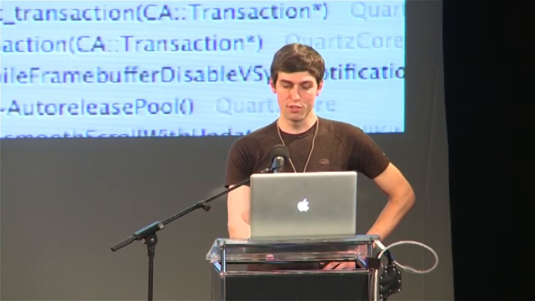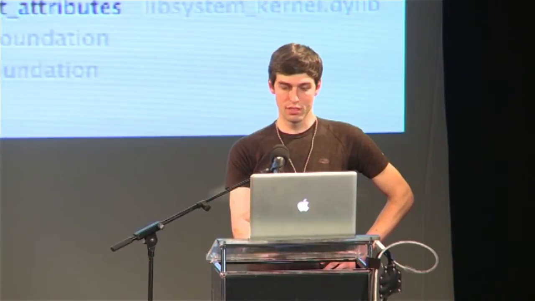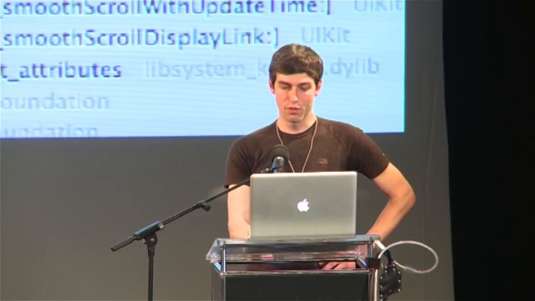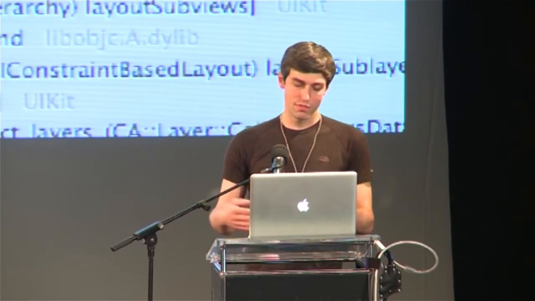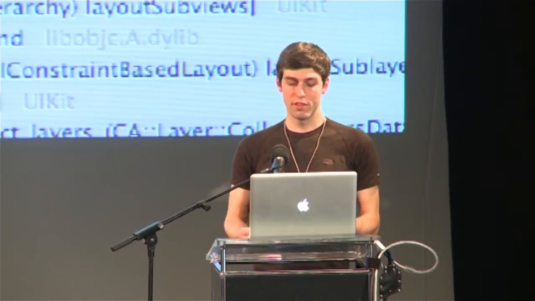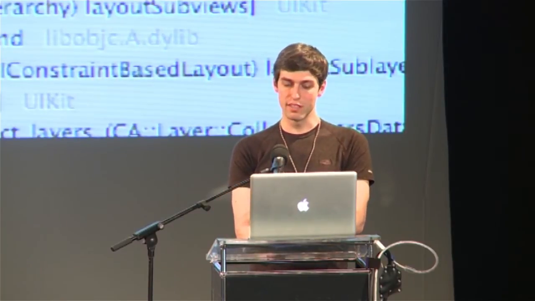We can step in here further, and we will see that at a certain point we reach CA transaction commit. We go in more, and then we end up with some collection view code, layoutSubviews. So we could suspect at this point we might have a problem with layouting many views, but you always have to see that just because you see a call like layoutSubviews, it doesn't mean that the layouting is the problem.